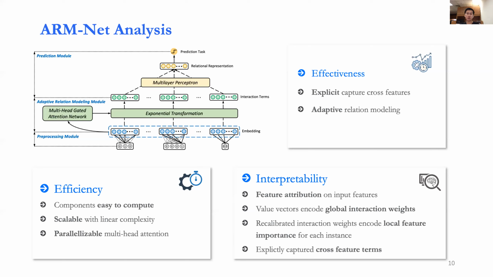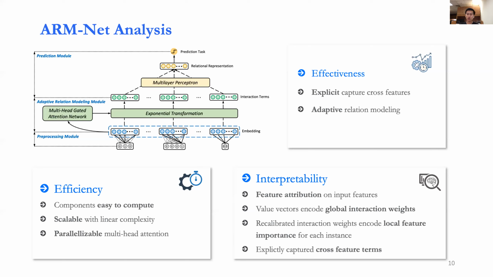AMNet provides feature attribution on input features by showing their feature importance in the prediction at both the global and local level. Specifically, AMNet can provide the following interpretation functionalities. First, global interpretability.